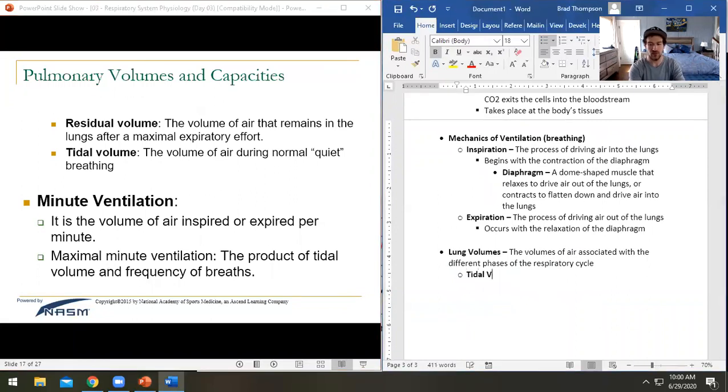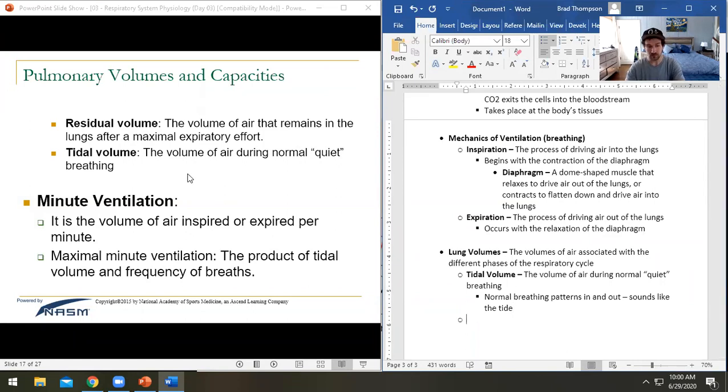So tidal volume is the volume of air during normal, what we call quiet breathing, okay? So this is normal breathing patterns in and out. Sounds like the tide, right? So that's how we know tidal volume.